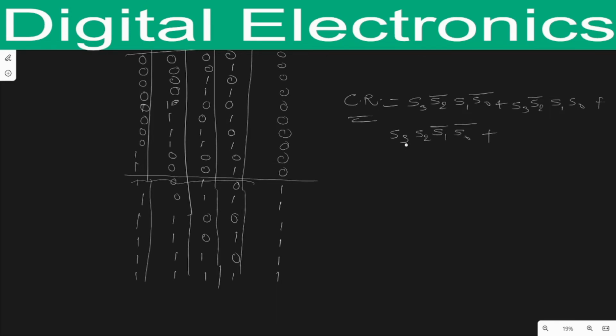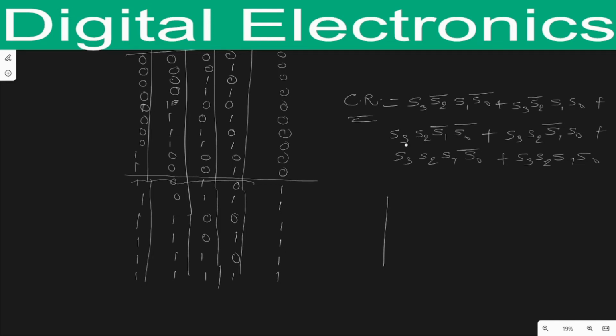Okay, same as S3, S2, S1 bar, S0 plus S3, S2, S1, S0 bar plus S3, S2, S1, S0. This one is the equation for the BCD correction requirement.